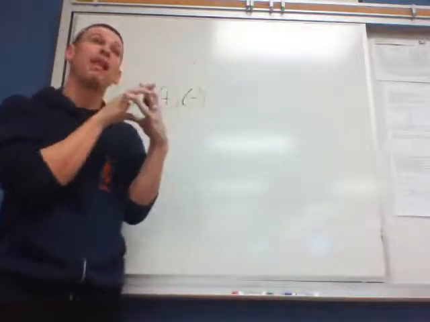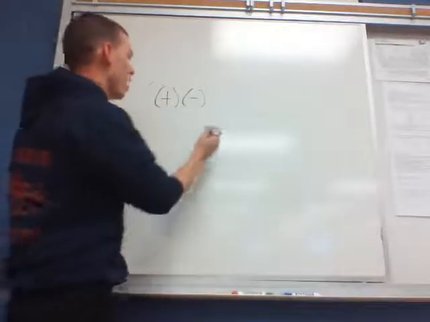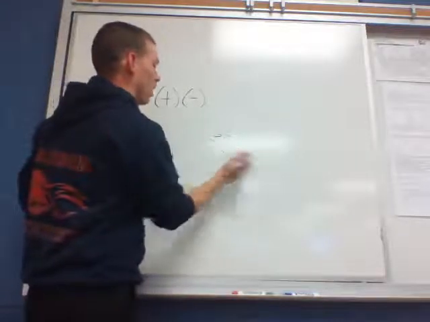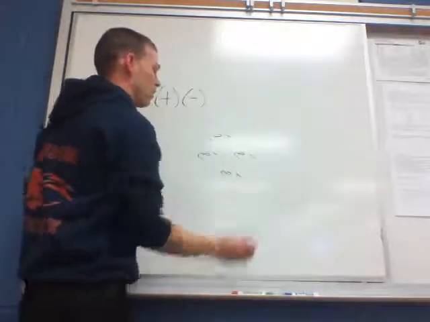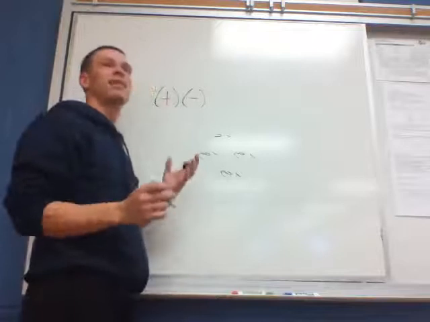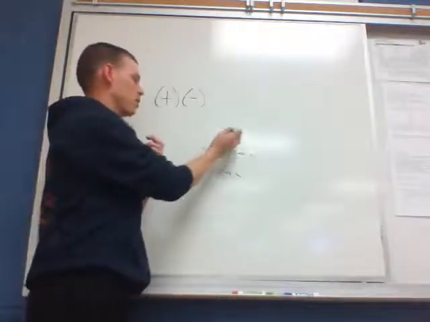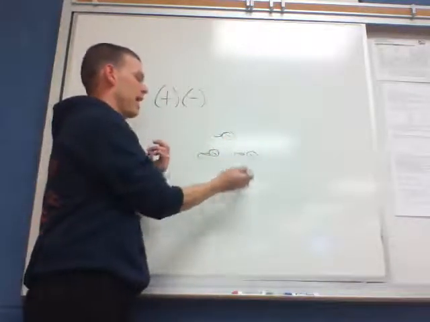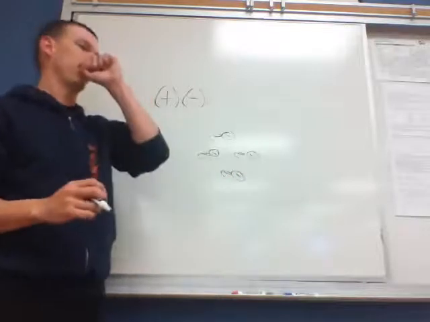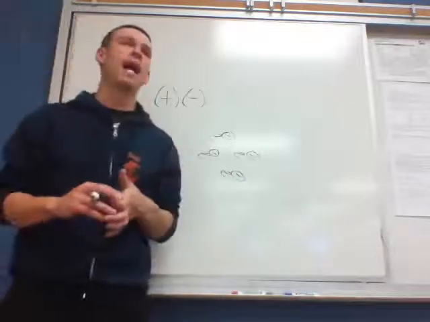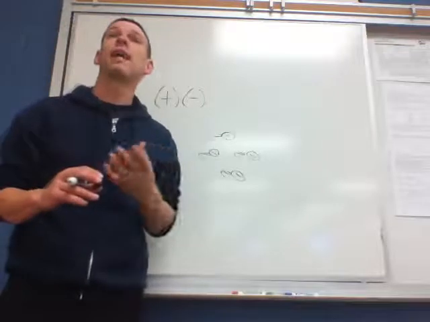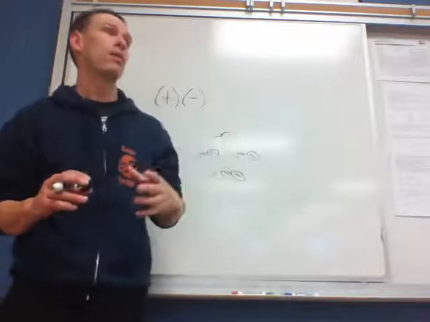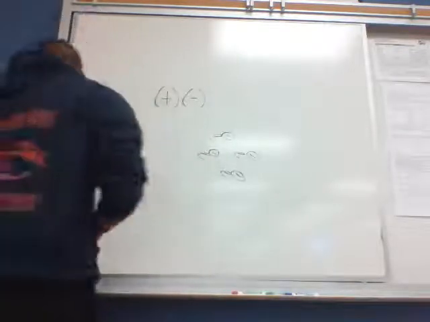Opposites want to be together. But when you're talking about a bunch of electrons being near each other, this is not opposite. It's a bunch of same charges. And while we have the saying that opposites attract, there's another saying that like repels. Here's my point.